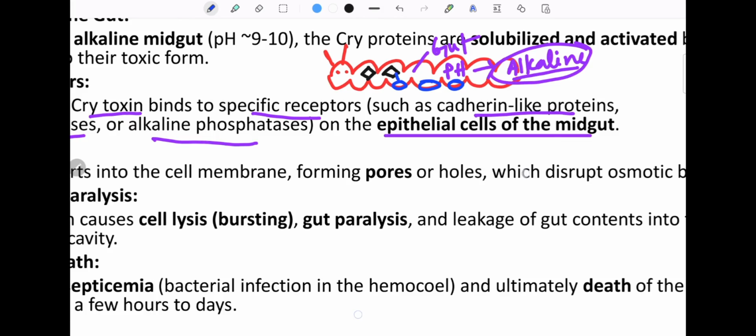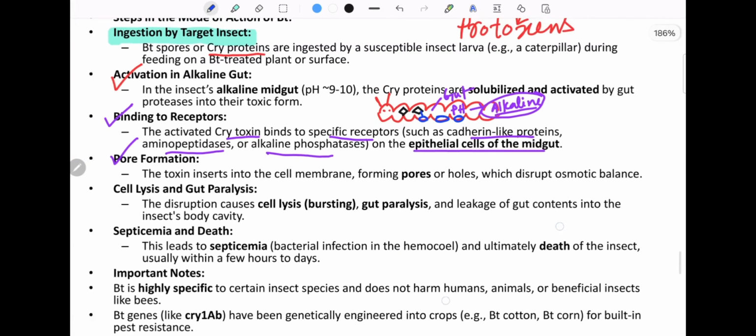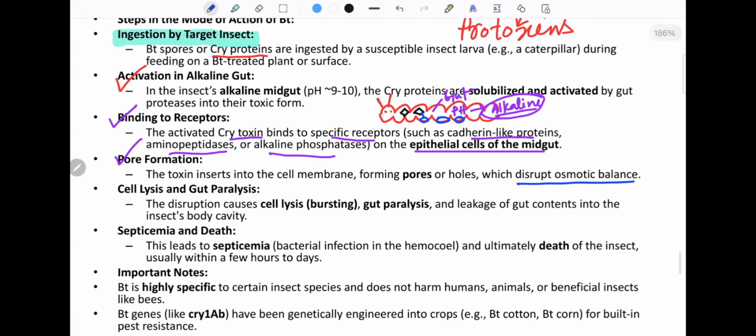If they form these pores, what happens? It disrupts the osmotic balance, so cell lysis and gut paralysis. The disruption causes cell lysis, that means bursting, gut paralysis, leakage of gut contents into the insect's body cavity, and also septicemia and death.